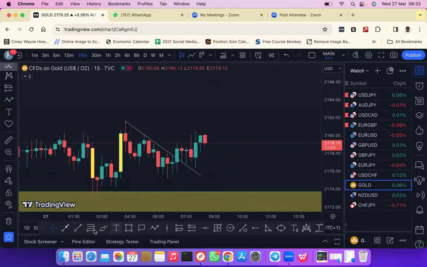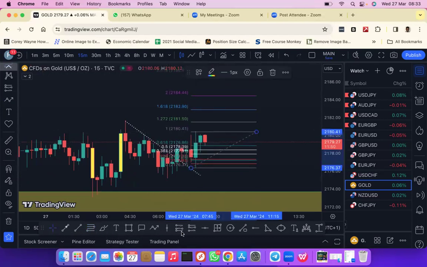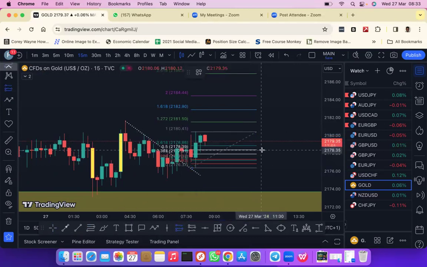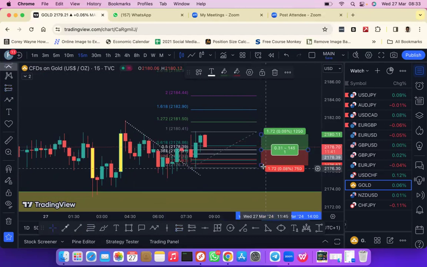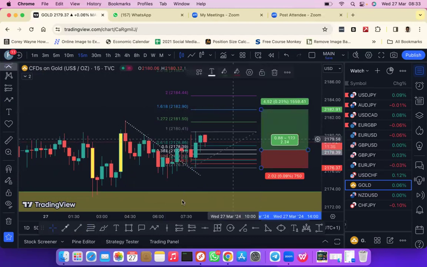Okay, so let me take this impulse leg. If for any reason gold should do a retracement into this zone, you can take the entry for a buy. Okay. All right. And then this will be your second take profit.